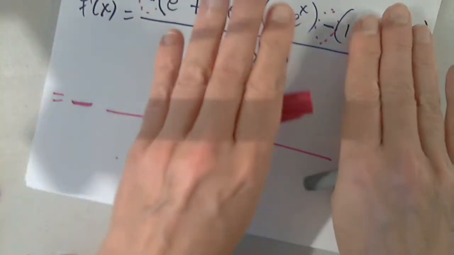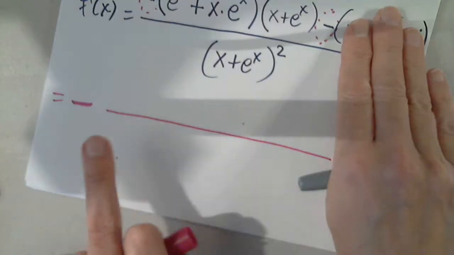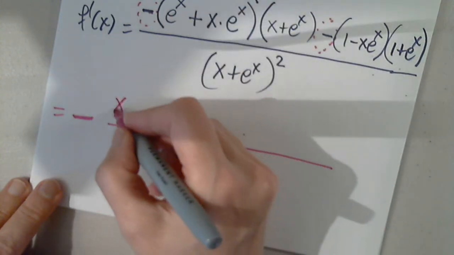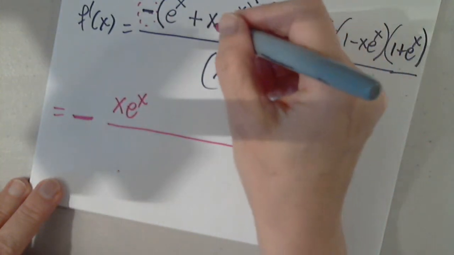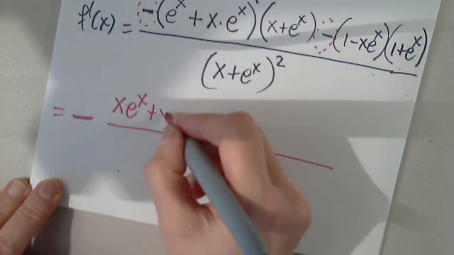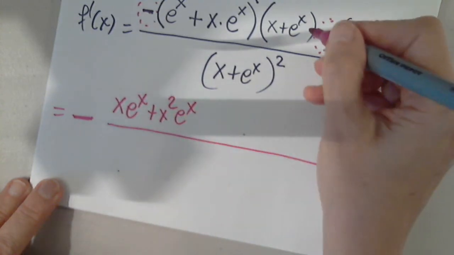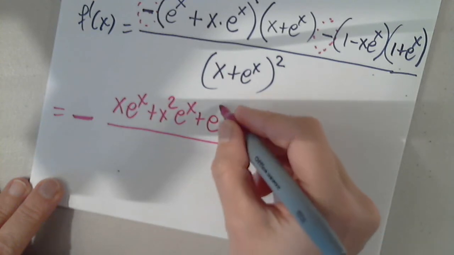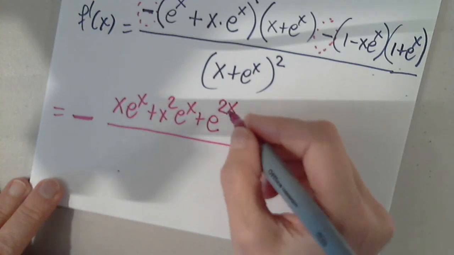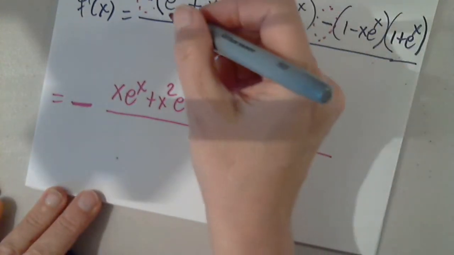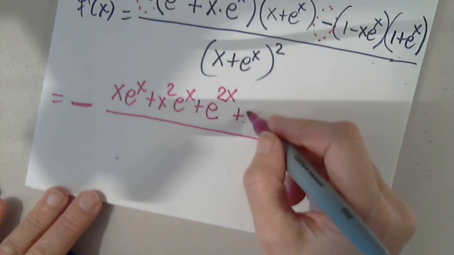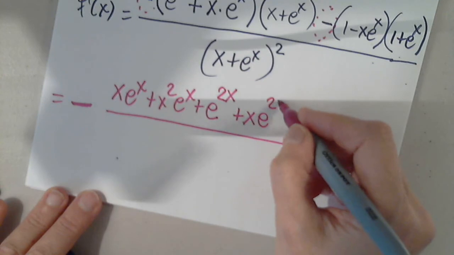I factored out negative 1 from these two terms. x times e to the x, x times e to the x, e to the x times e to the x: copy the base, add the exponents. Plus x e to 2x.